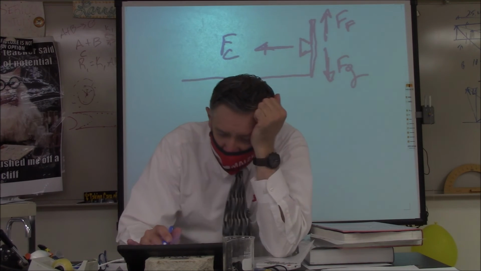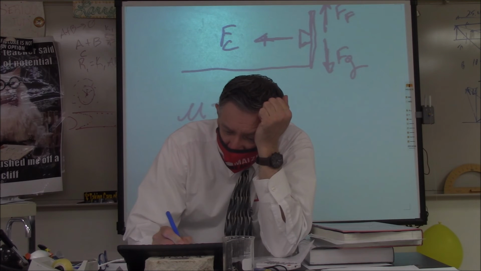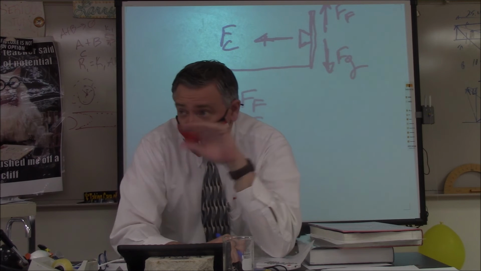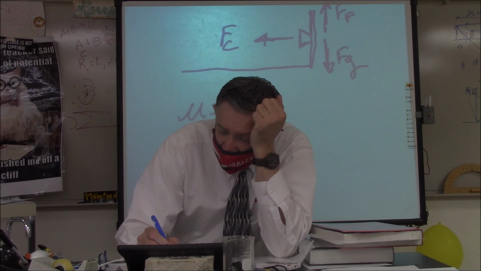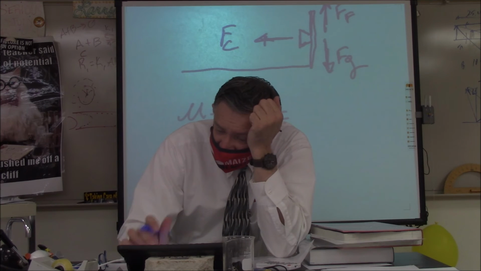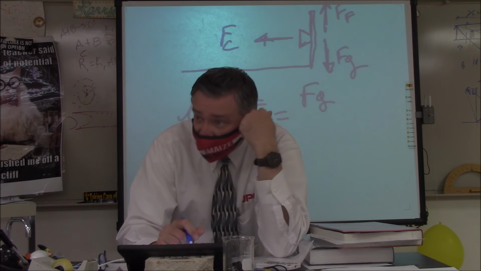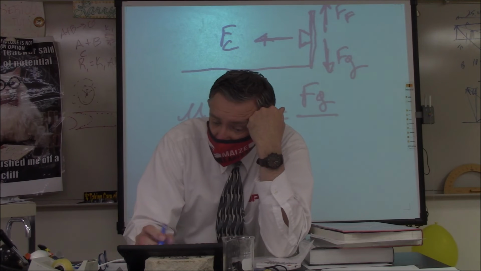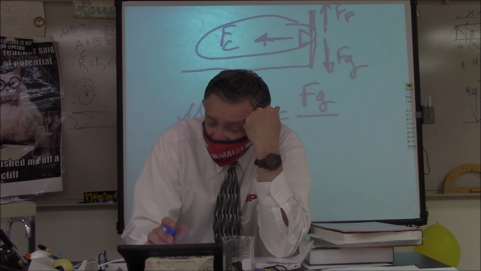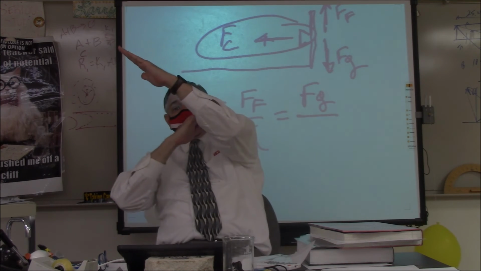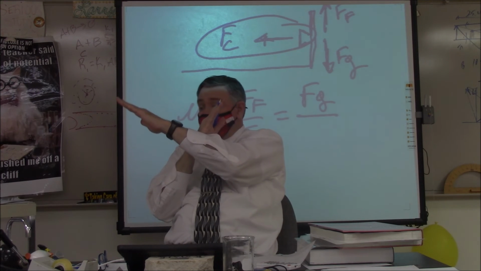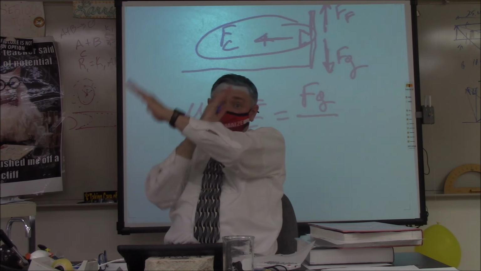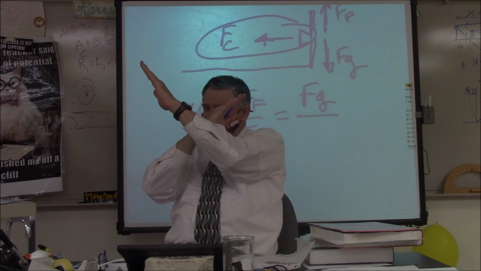So, we're going to go back to mu equaling force friction over force normal. Basic definition of mu, right from the get-go, right? Now, my force friction has to equal my gravitational force. Now, if you go back to inclined planes, if you're on an inclined plane, remember the normal force is acting like this. And I get steeper and steeper and steeper, and that normal force still acts like this.